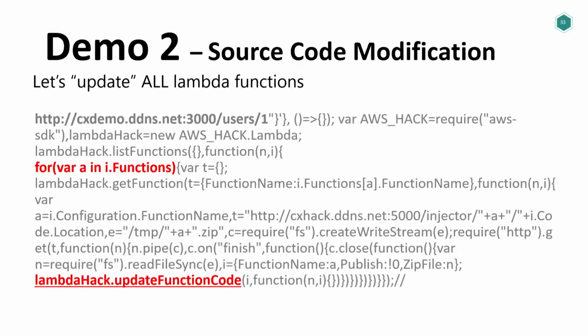We're going to change the code and make it store the vulnerabilities. So you can see the update here. What this is doing is going over all the functions in the path. We don't even have to know which functions are there, just going through them, and then updating them with our own malicious code that we'll see a bit later.